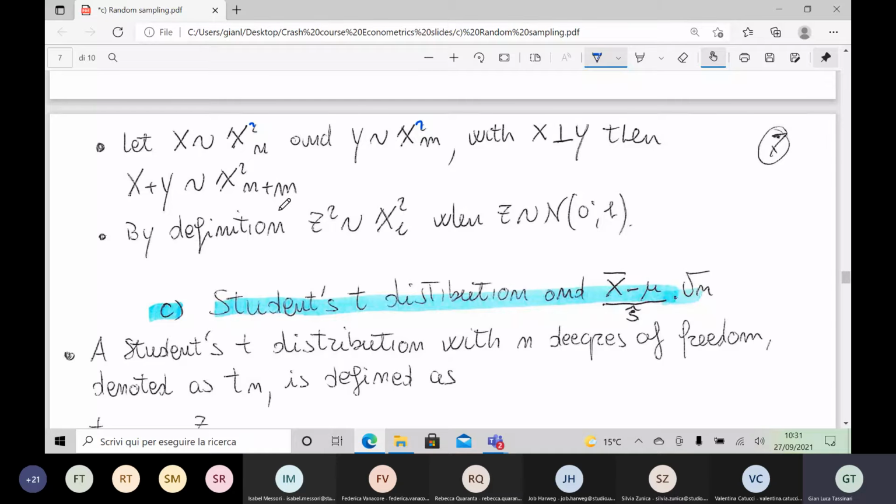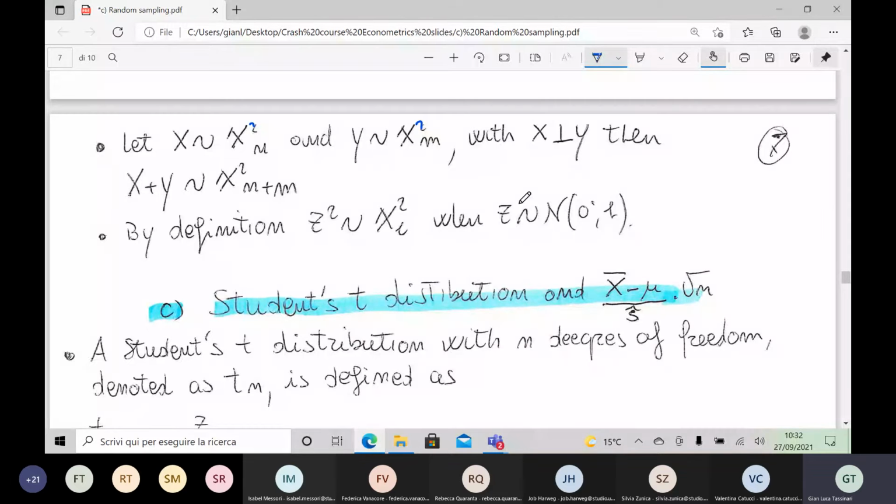Stupid observation, or stupid but interesting: which is the distribution of a standard normal random variable taken to the power 2? Guys, by definition of a chi-square, take theta square. What is theta square? Obviously, by definition, it is a chi-square with 1 degree of freedom, because it's the sum of what? Of a unique standard normal random variable. It's not even a sum, it's directly a chi-square.